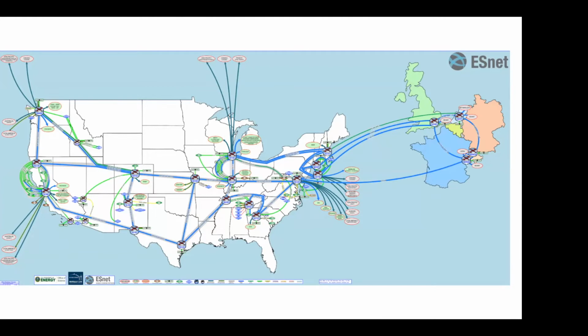We actually have a couple of research activities that bring data from CERN and Switzerland to Hawaii. Those will travel on ESnet for most of their hops, and usually when they get to the West Coast of the United States, they'll hop across Pacific Wave onto one of our links to come to Hawaii.